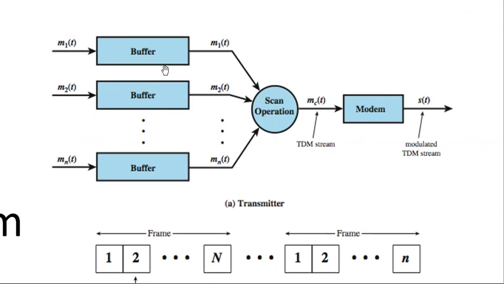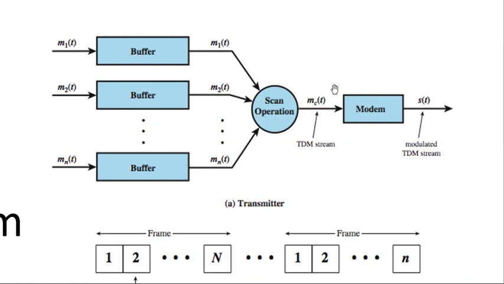Now the incoming data from each source are briefly buffered. The buffer is basically one bit or one character in length, and these buffers are sequentially scanned to form a composite data signal. That is, we combine these different data into one composite digital data stream.